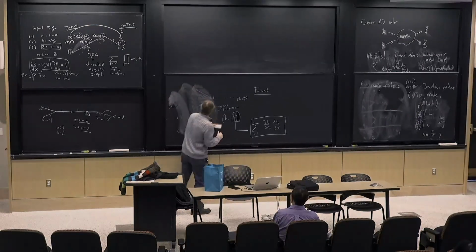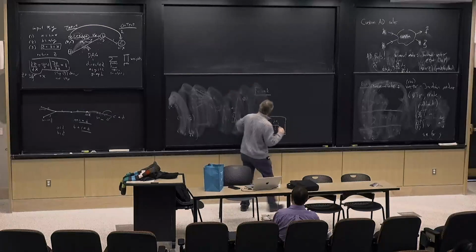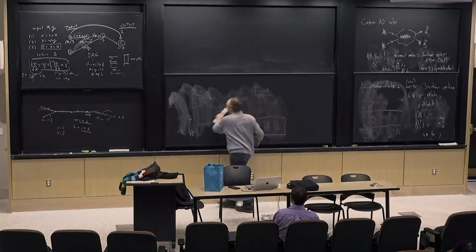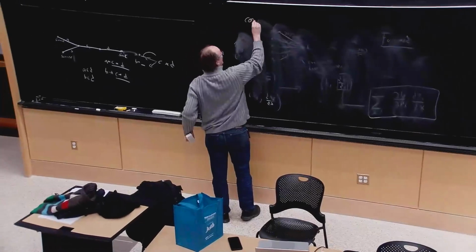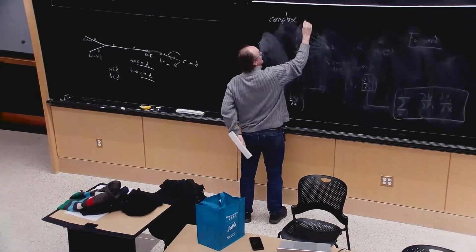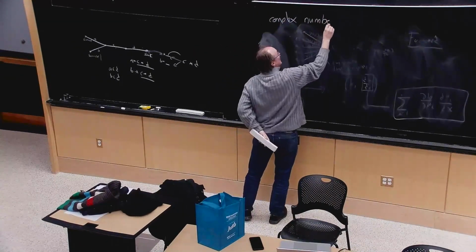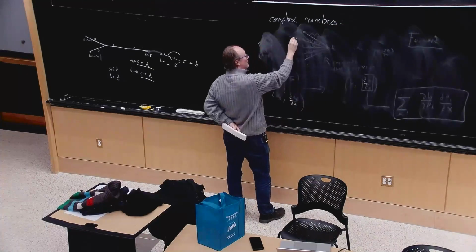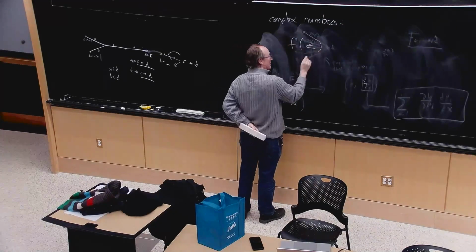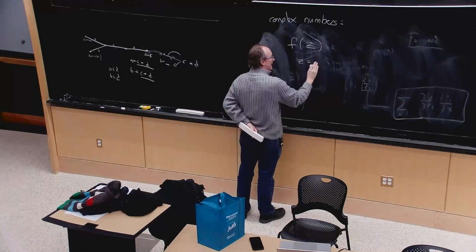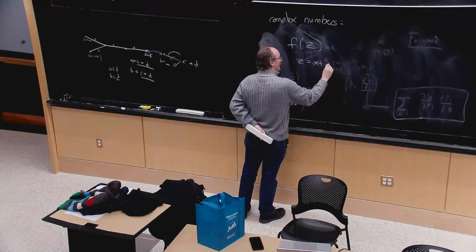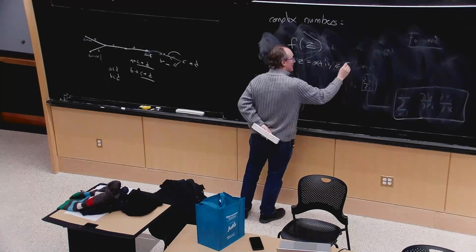Another thing that I would have liked to have had time to cover is complex numbers. Right? So for example, suppose you have f of z, where z is x plus i y, a complex number.